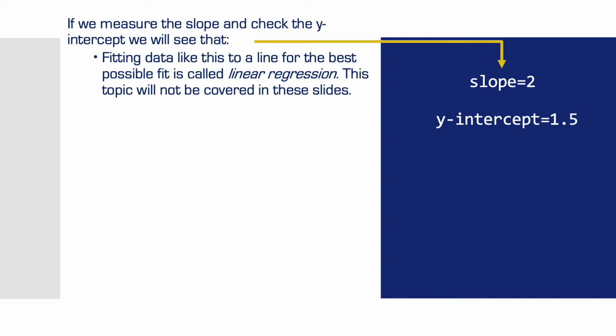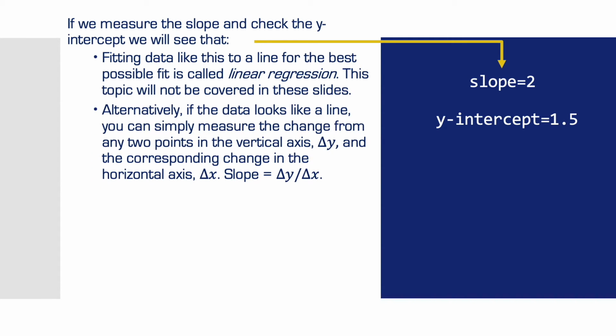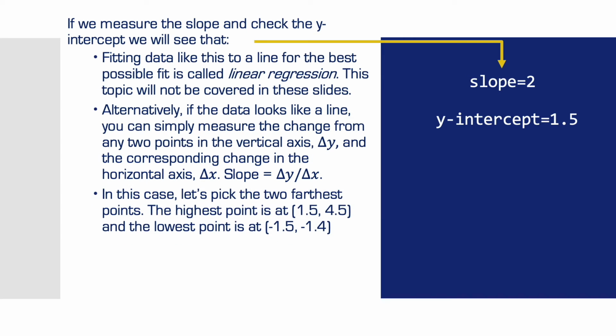This topic will not be covered in these slides. Alternatively, if the data looks like a line, you can simply measure the change from any 2 points in the vertical axis, delta y, and the corresponding change in the horizontal axis, delta x. Slope equals delta y divided by delta x. In this case, let's pick the 2 farthest points.